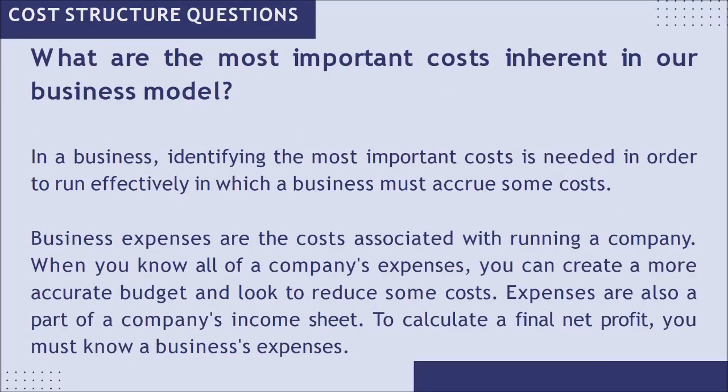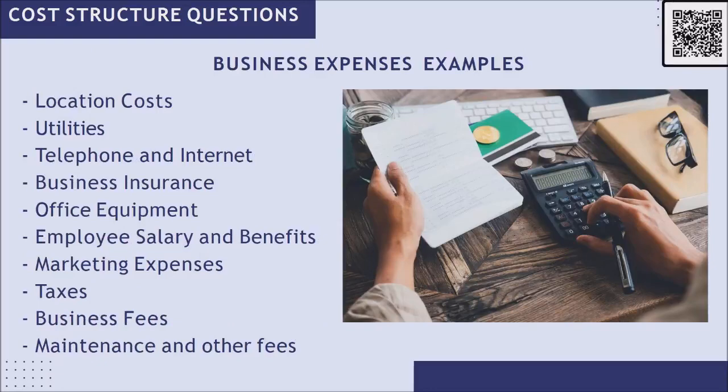In answering this, we have to identify the most important costs needed in order to run effectively, in which a business must accrue some costs. So an example is business expenses. When you know all of a company's expenses, you can create a more accurate budget and look to reduce some costs. Here are some examples of business expenses.